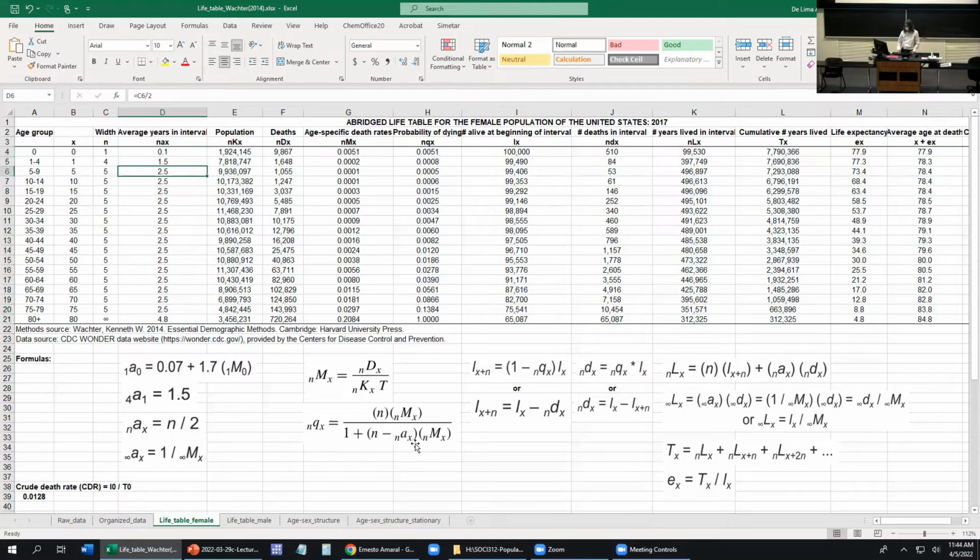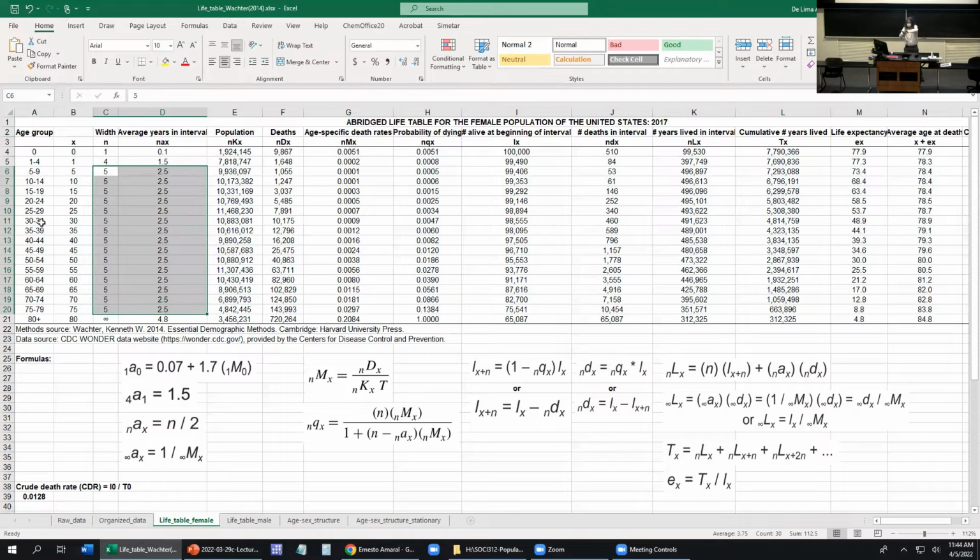See, for these cells here, it's really easy, right? If we think that mortality is constant within the 5-year age groups, from 5 to 9, 10 to 14, all these age groups here have a width equal to 5. And we have the assumption, usually the one used by demographers, that people who die in this period, how many years on average would they live?